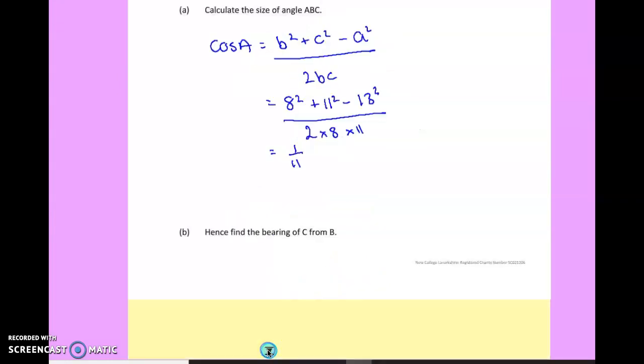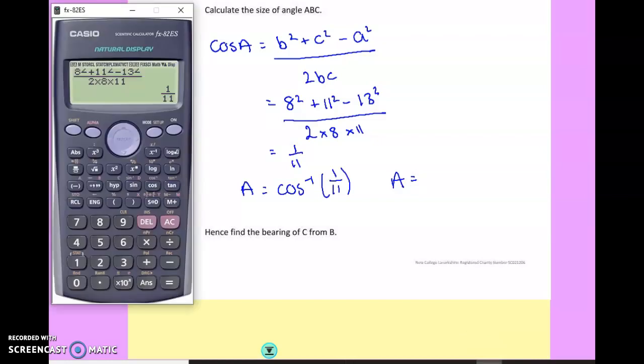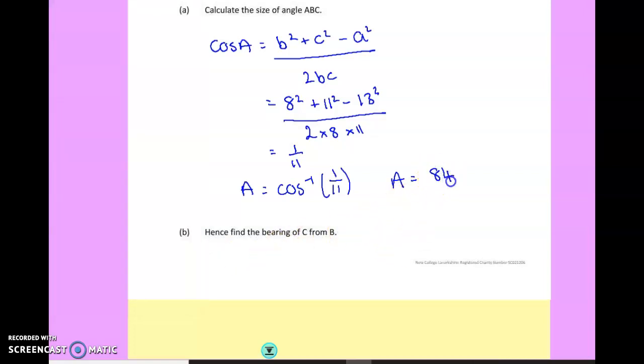That gives me cos A. I want to find A, the inverse cos of an 11th. So A is 84.8 degrees. So that is angle ABC.